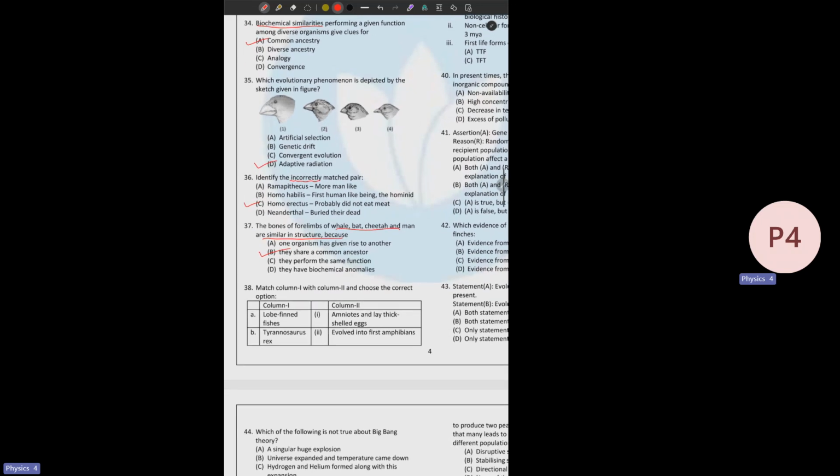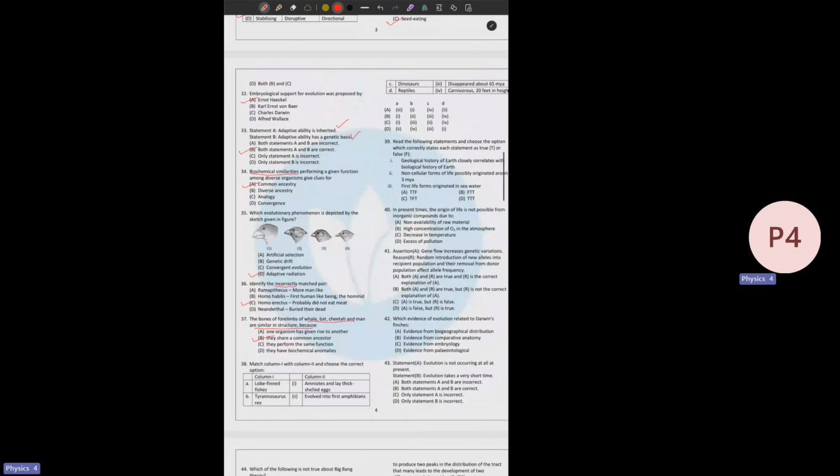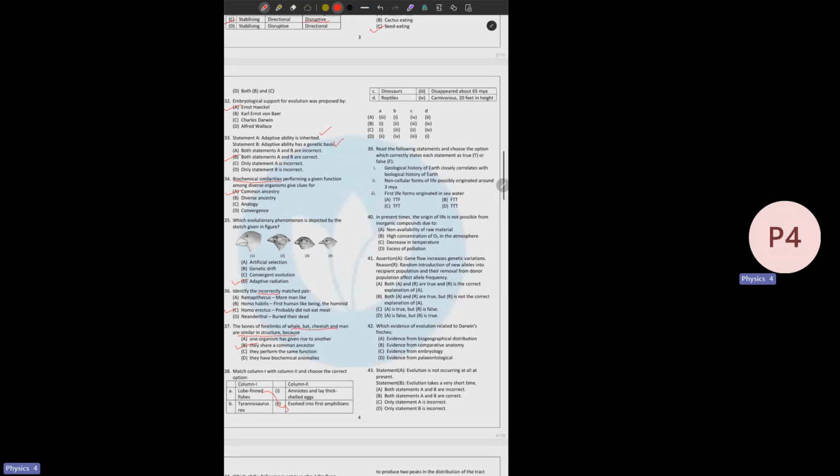Match the following. Lobed fins will go with evolving into the first amphibians. Tyrannosaurus rex will go with carnivores 20 feet in height. Dinosaurs disappeared about 65 million years ago, and reptiles will go with amniotes that lay thick-shelled eggs.